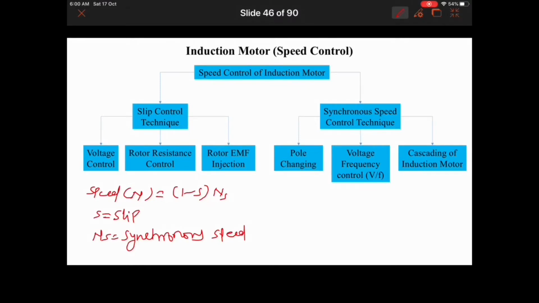So from this equation we can say that the speed of the motor depends on the slip and synchronous speed.